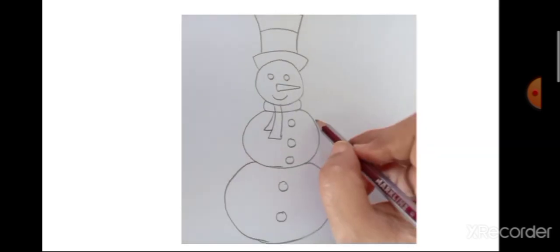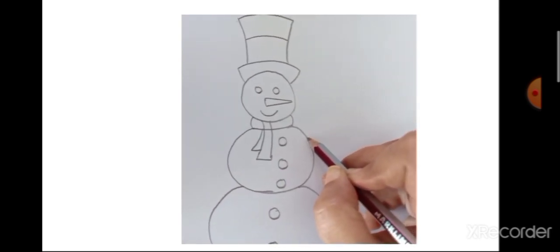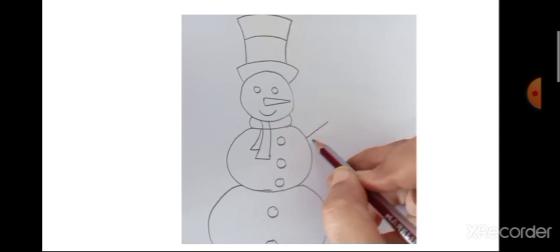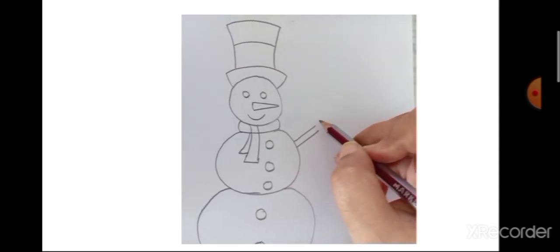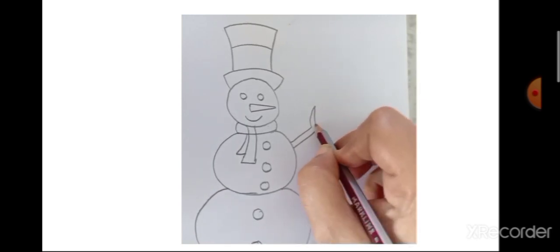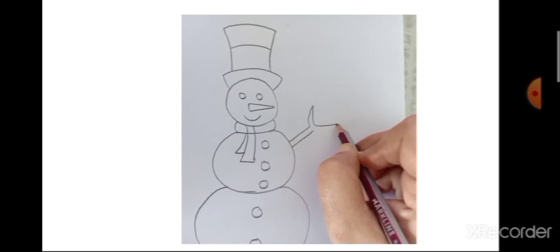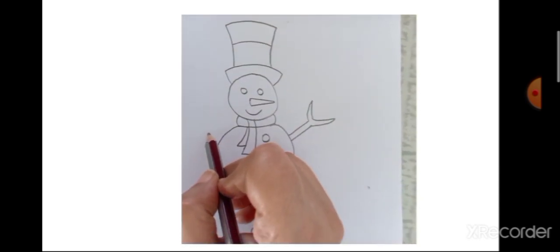Now let's draw hands. Now what is used for the hands of a snowman? Yes, twigs or branches of a tree. So you have to draw hands like this.